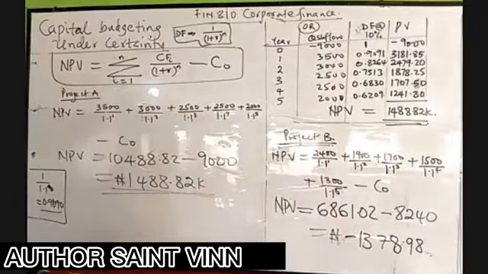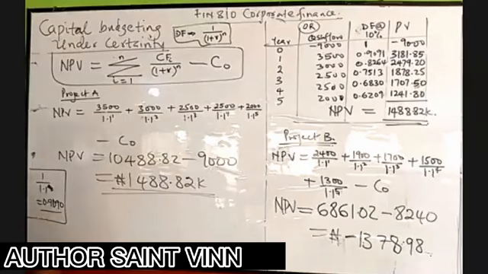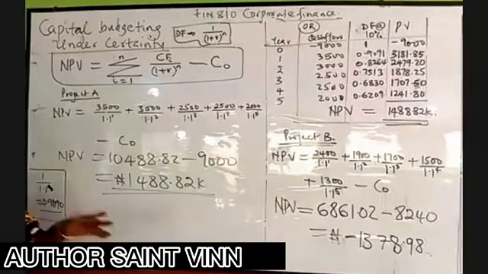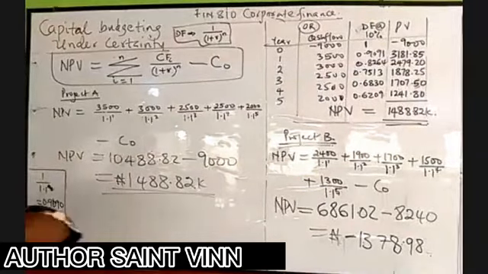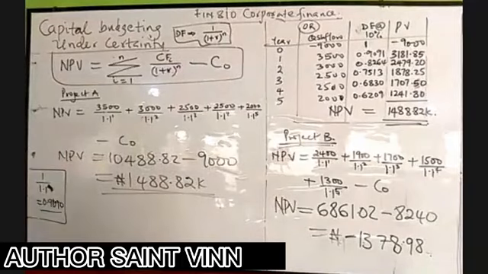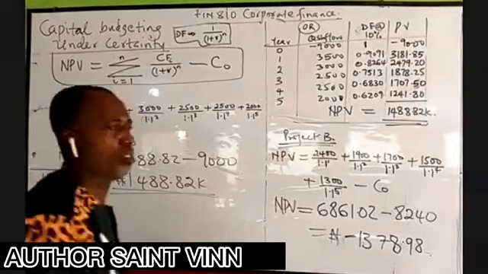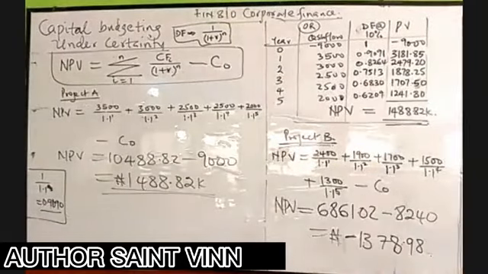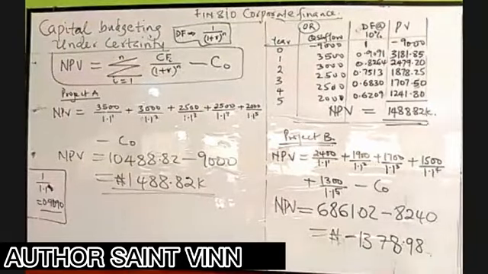So now, you can see which one are we going to accept? You know the reason. We are accepting project A because the NPV is positive, and we are rejecting project B because the NPV is negative. I hope that is settled. Any other question? Those of us online, any question?